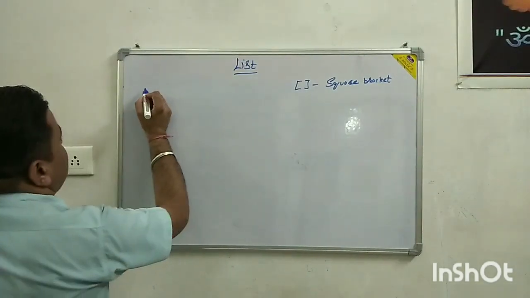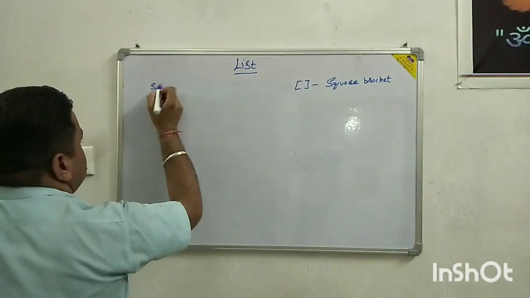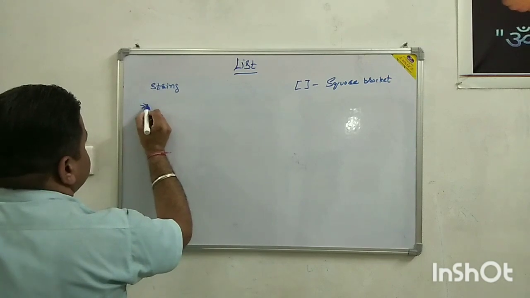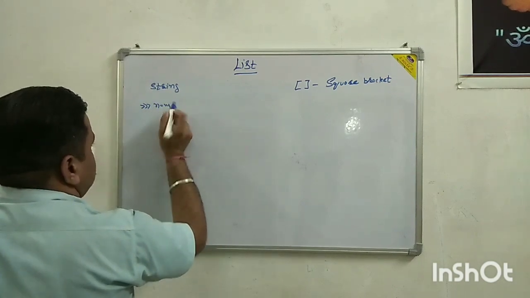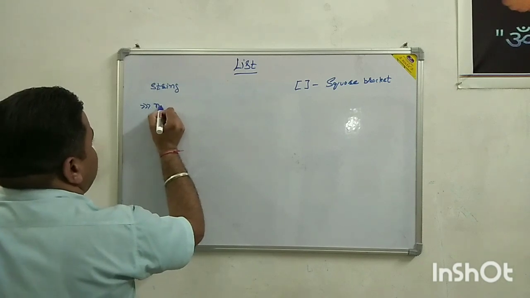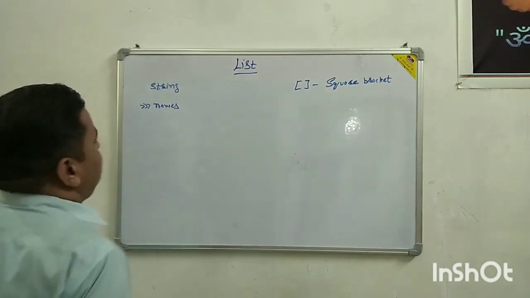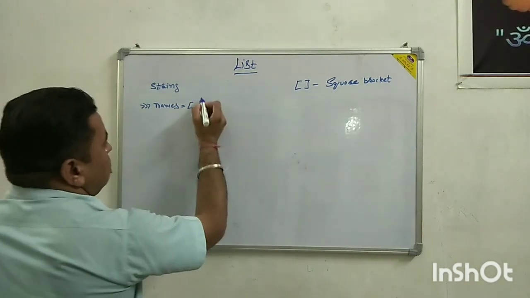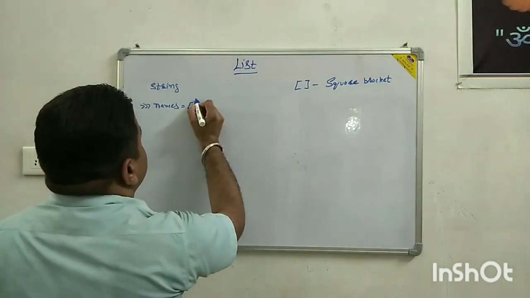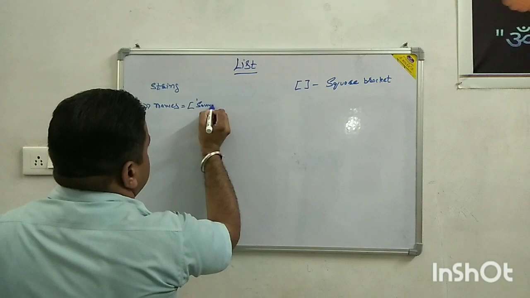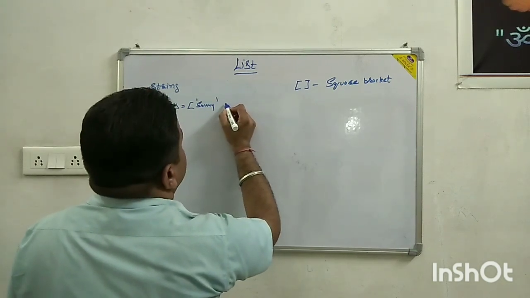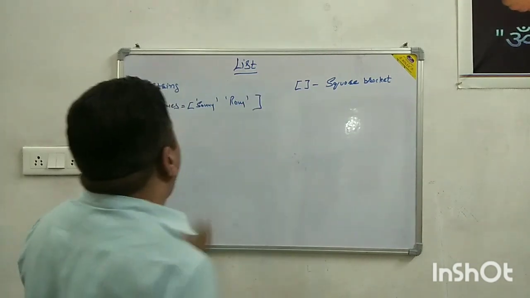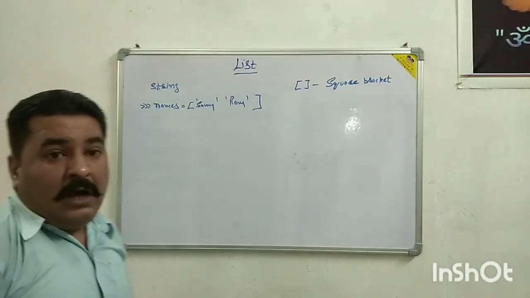For example, we write names, and then names is equal to, for example, my name is Sunny, so I will write Sunny, and then the next name, Ram. So this represents string values.